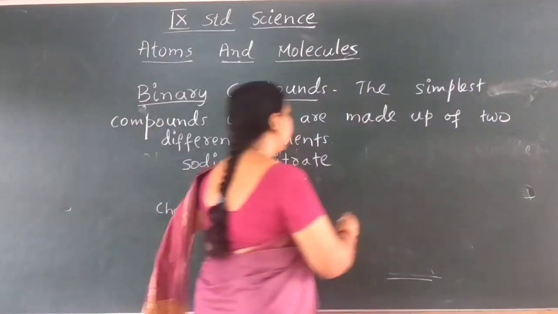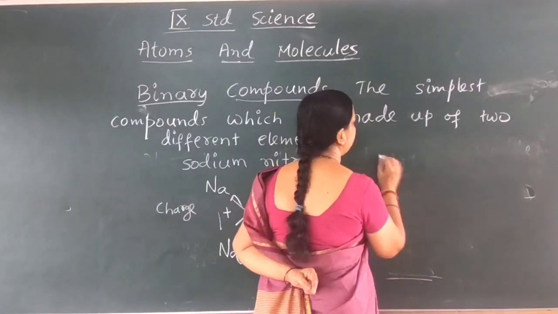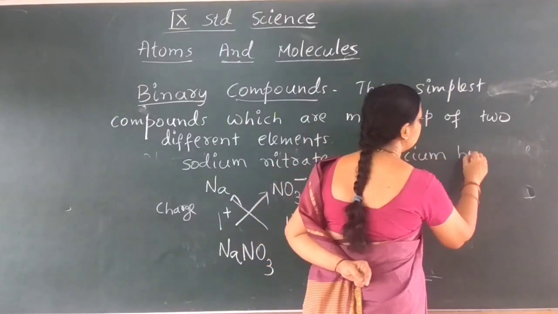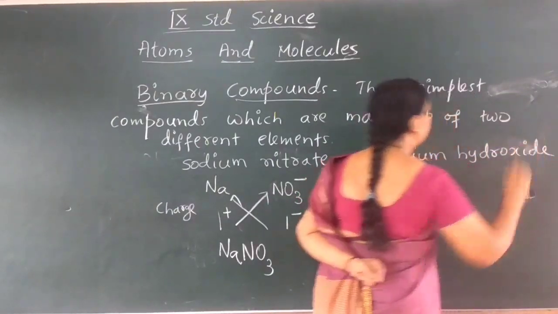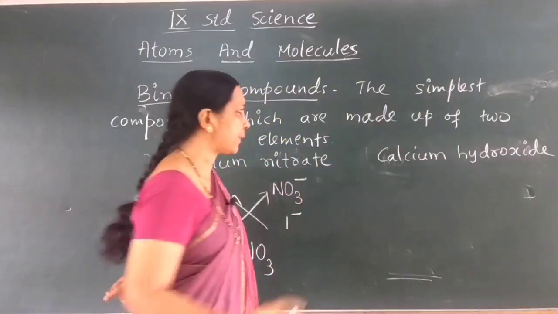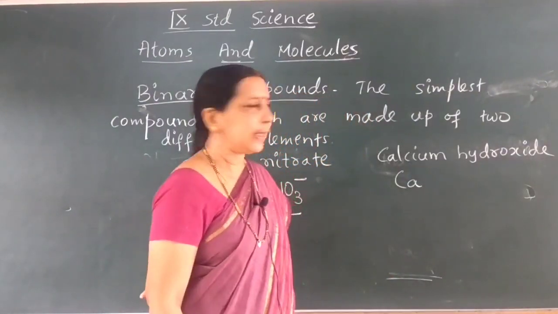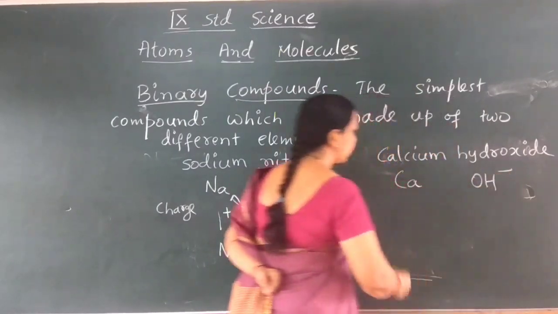If you consider magnesium hydroxide or calcium hydroxide, calcium hydroxide. Here the cation is Ca2 plus and the anion is OH minus.